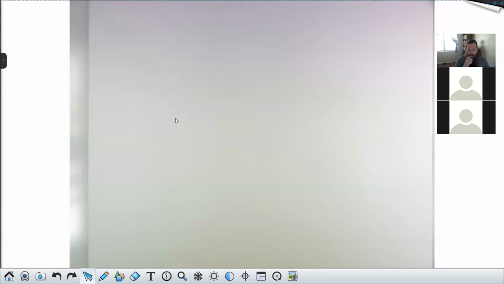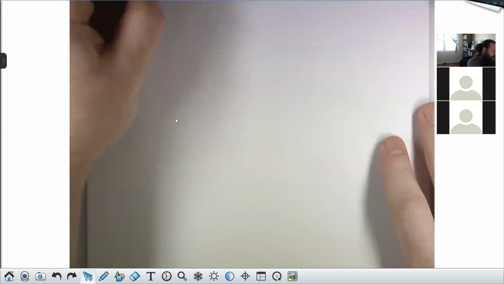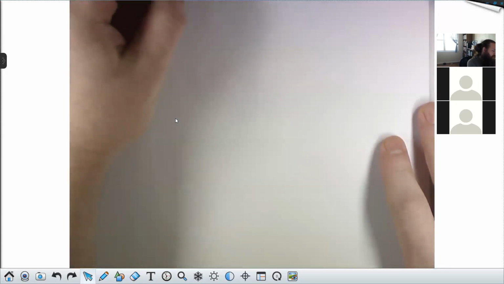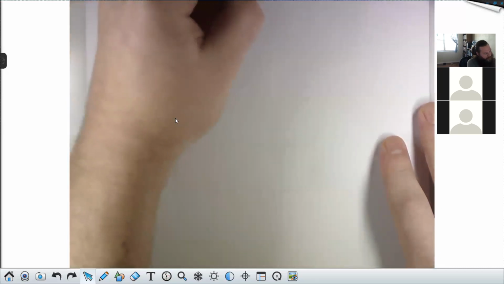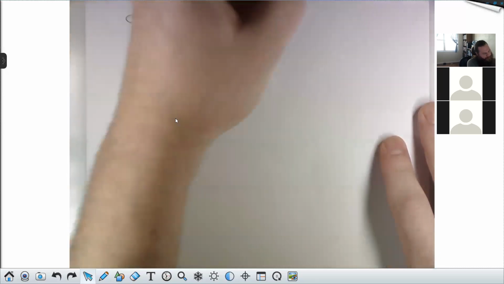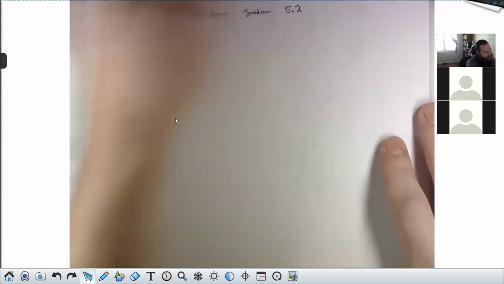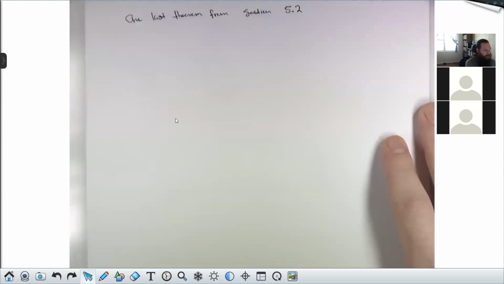The other thing I need to share with you before we get into Katie's lectures today is one remaining theorem from section 5.2. One last theorem from 5.2.